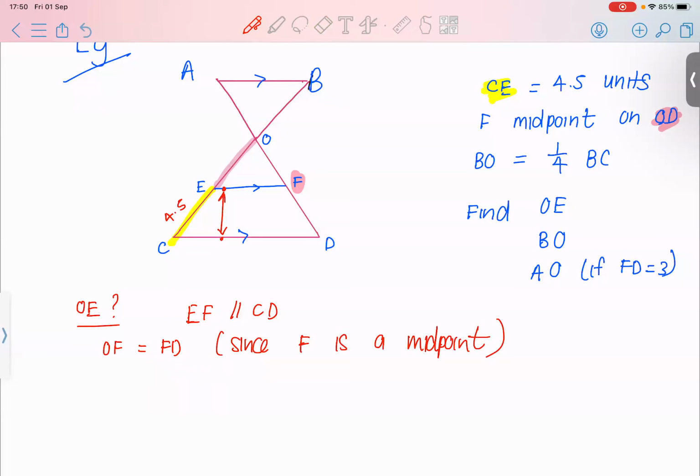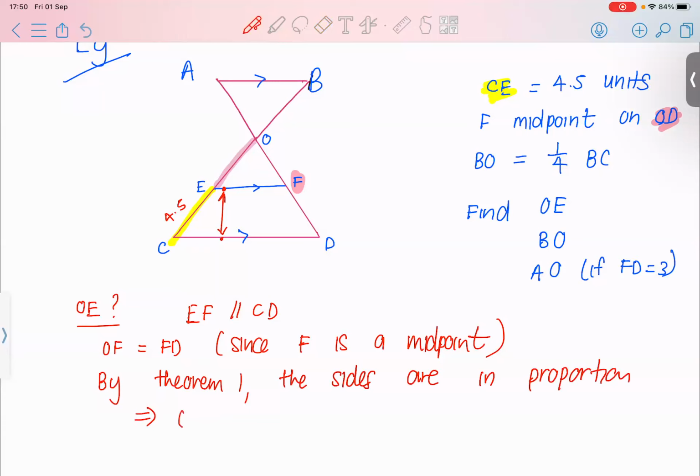By theorem 1, the sides are in proportion, which implies that therefore I must have that OE equals CE. But I know what CE is, so OE equals 4.5 units. And that's how you would go about explaining this.